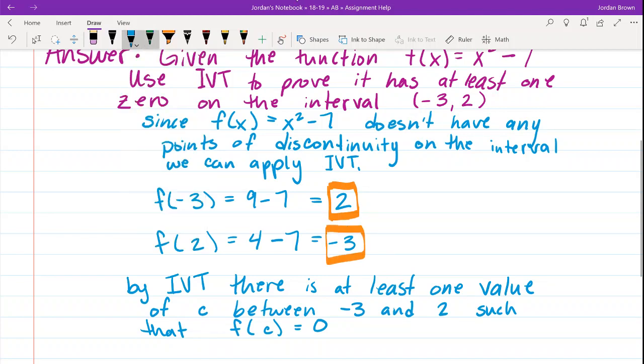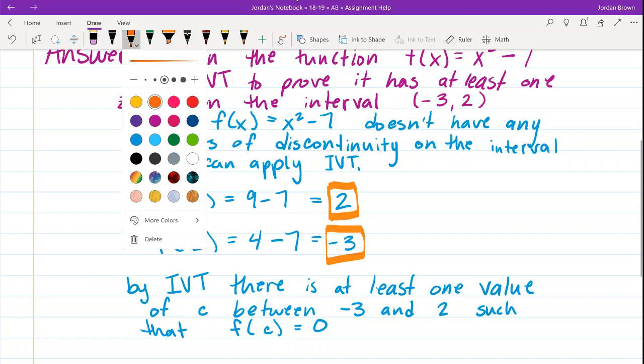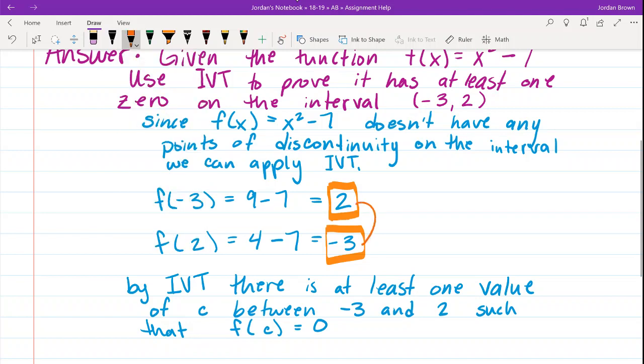It has got to pass through 0. Yeah, that's all there is to it.